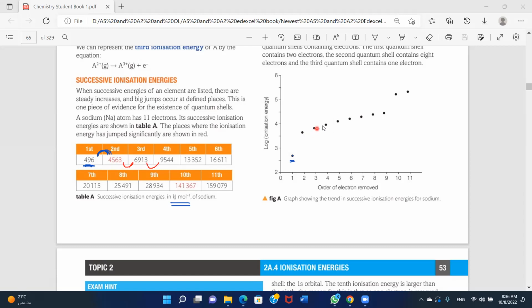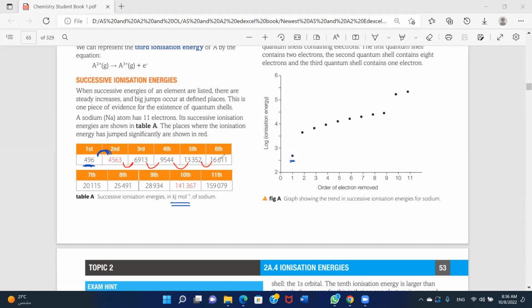Yes, the energies are greater, one after the other, they become greater and greater, but there is no jump. Why is there no jump? Because we are comparing thousands by thousands here, from 9,500 to 13,300. So the difference is about 3,000. It's not considered a jump.